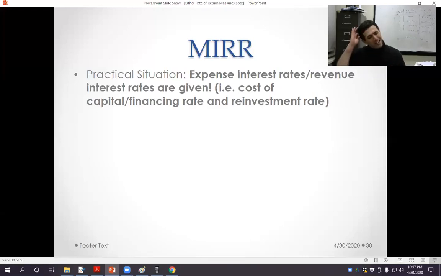I should mention, I don't like how the book does modified internal rate of return. It just goes against every other finance and accounting, economics, whatever explanation I've ever seen. And it really doesn't make a whole lot of sense, I think.